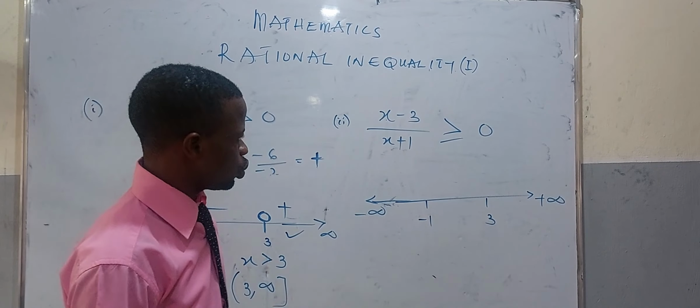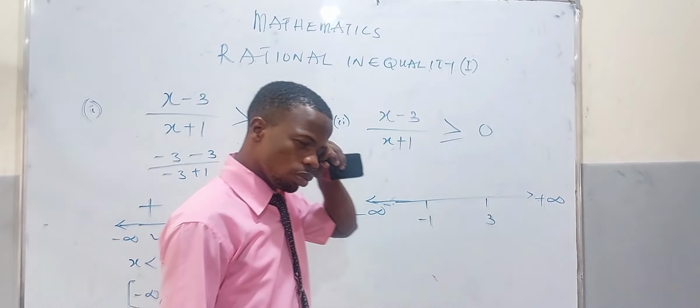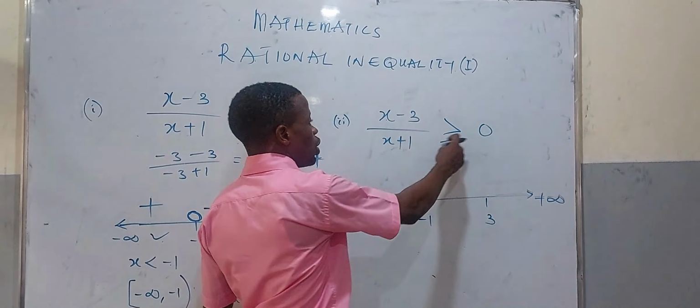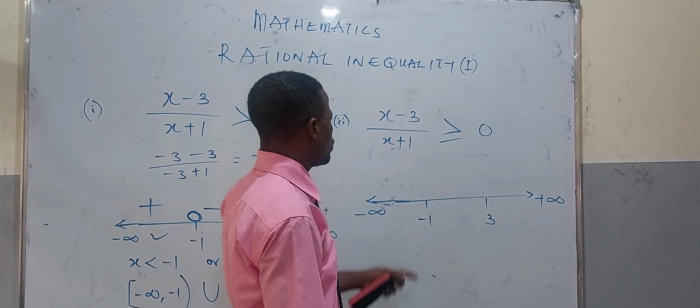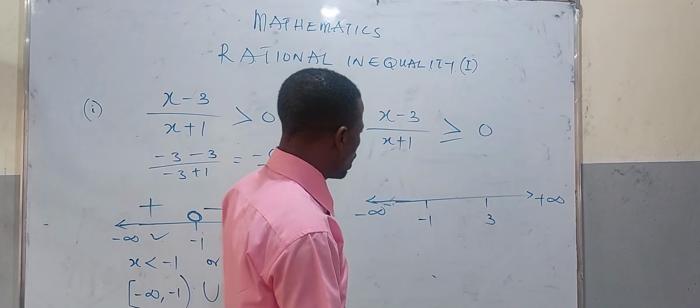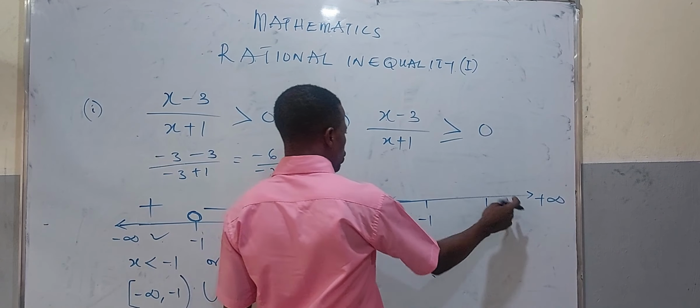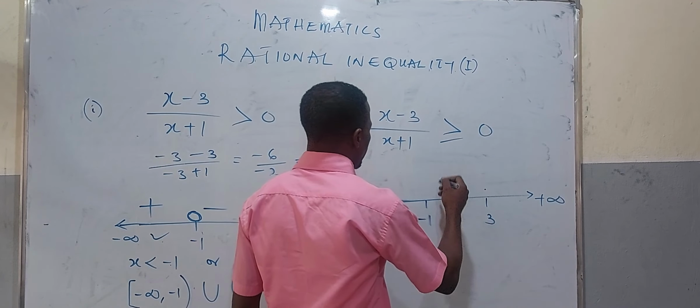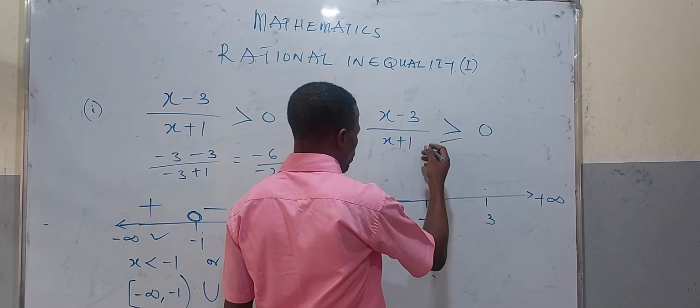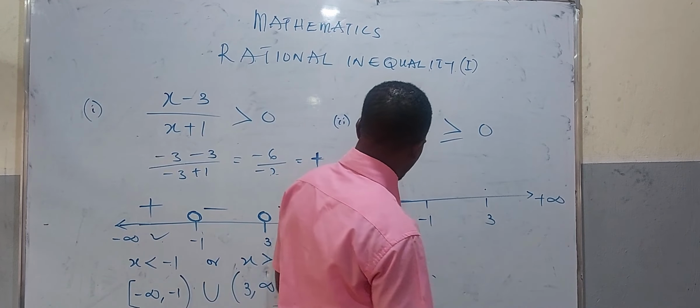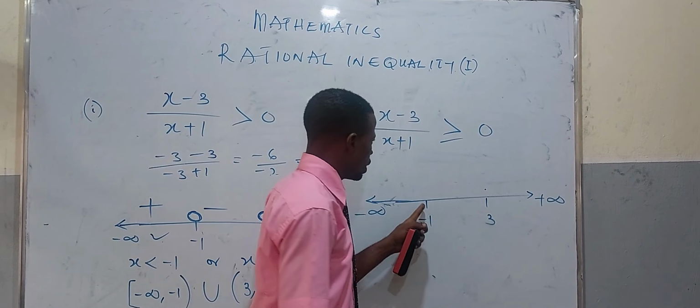But what happens is, it is greater or equal to 0. Now, if we are studying this region, I can say x can be equal to 3, so we can have this. You get?